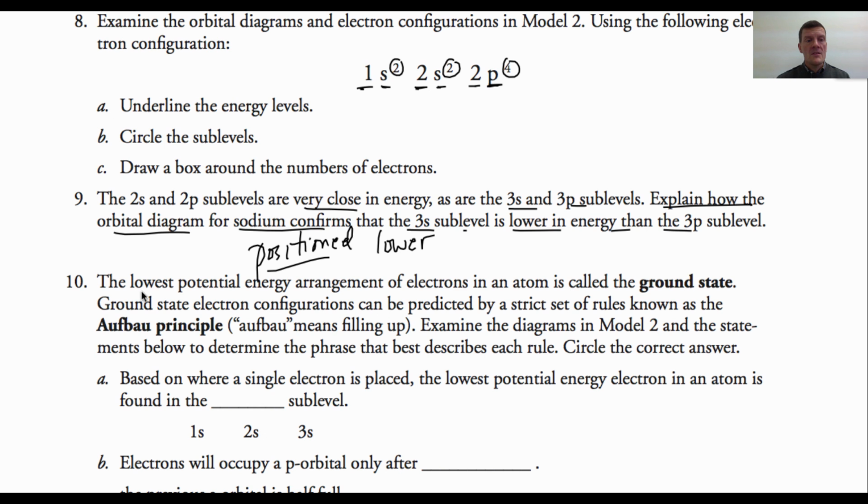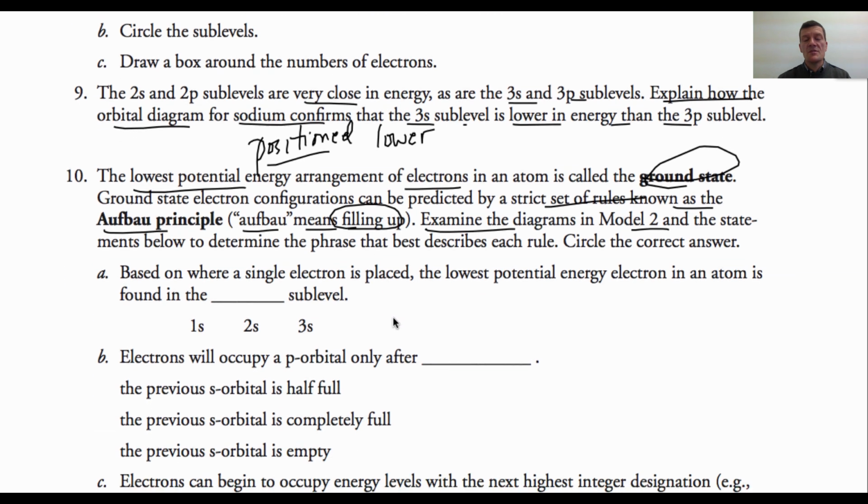The lowest potential energy arrangement of electrons in an atom is called the ground state. I mentioned that. So ground state electron configurations can be predicted by a strict set of rules known as the Aufbau principle. Aufbau means filling up. Examine the diagrams in Model 2 and the statement below to determine the phrase which best describes each rule.